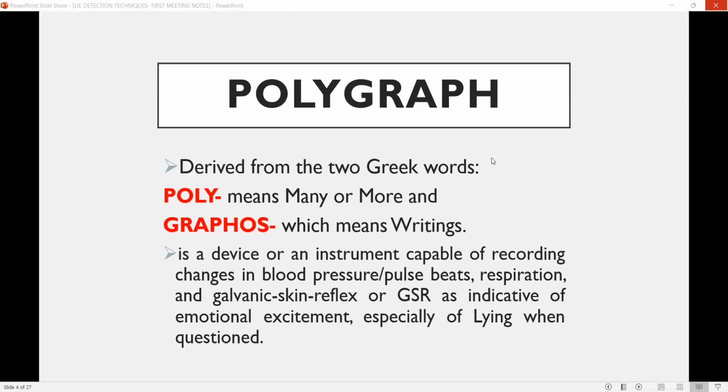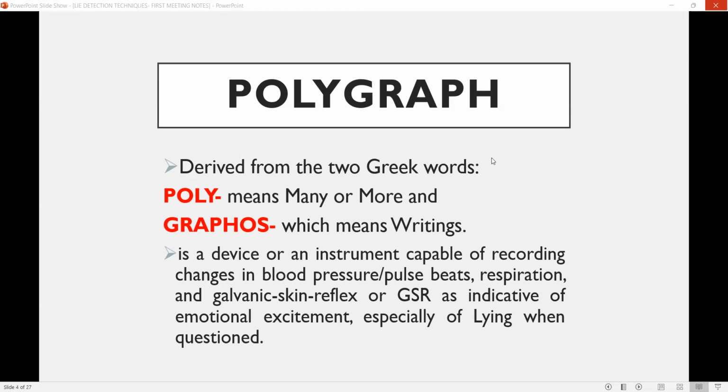Whether there are changes in blood pressure, in respiration, or electricity detected in the hands, the GSR, the galvanic skin reflex. So it is recorded in the computerized polygraph and you can view it on your monitor. Okay? On the screen. And then you can print it.